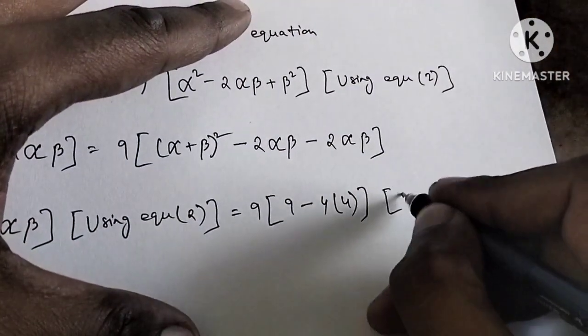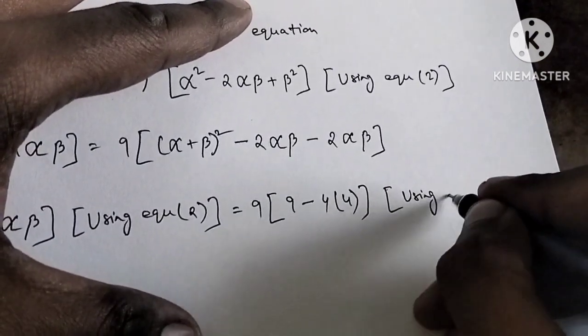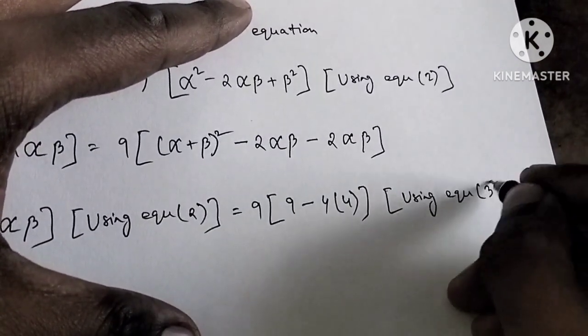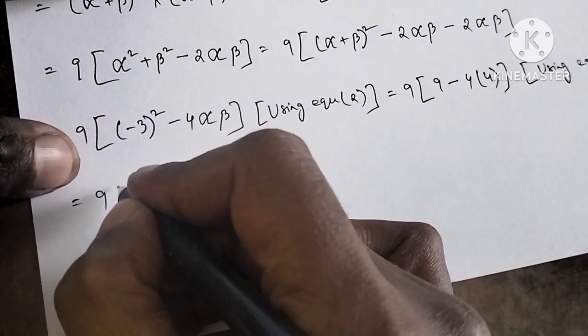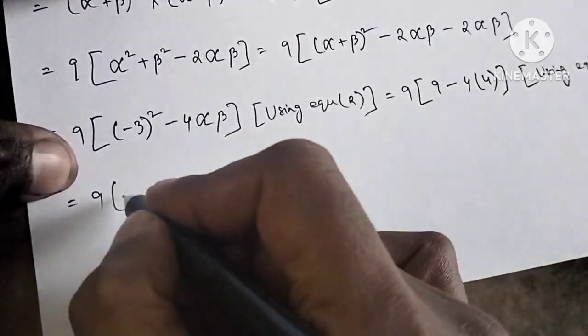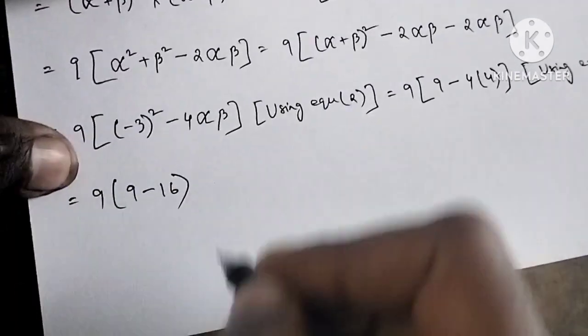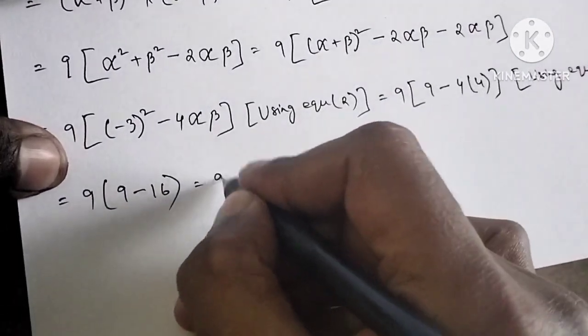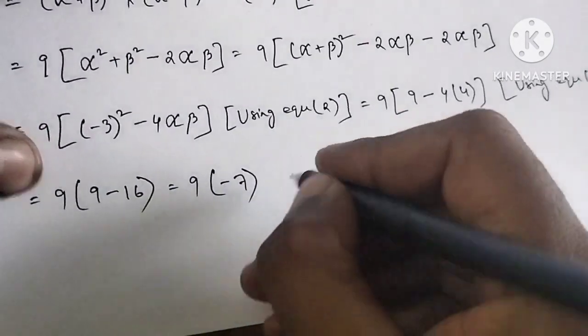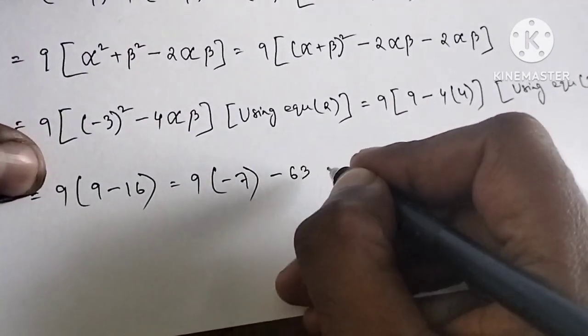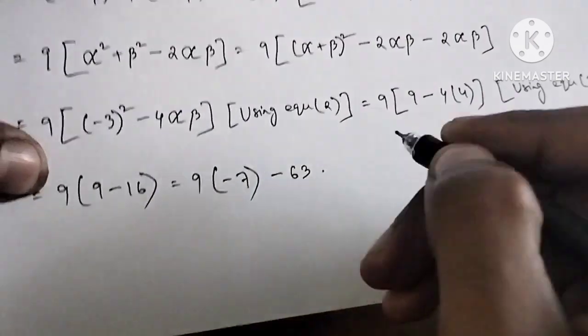So here you have to write using equation 3, because this value we got using equation 3. So it will be 9 into 9 minus 16. That would be 9 into minus 7, that is minus 63.